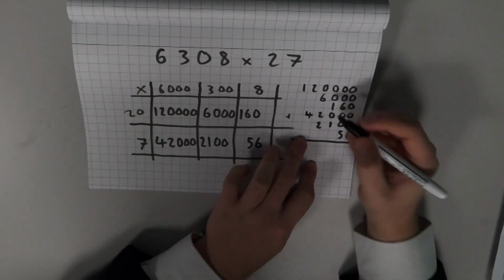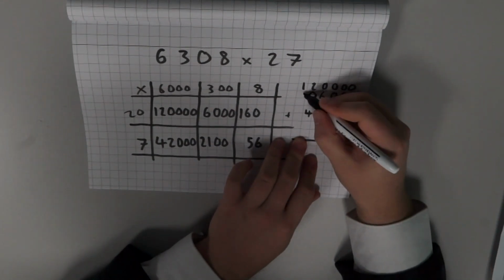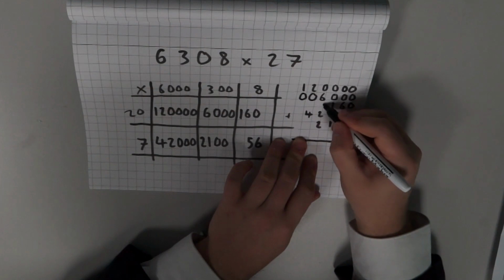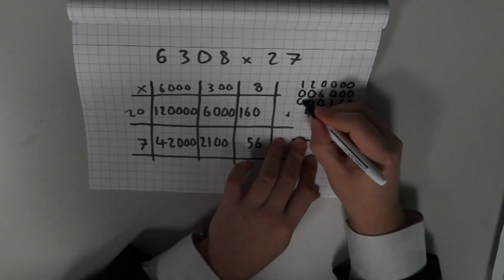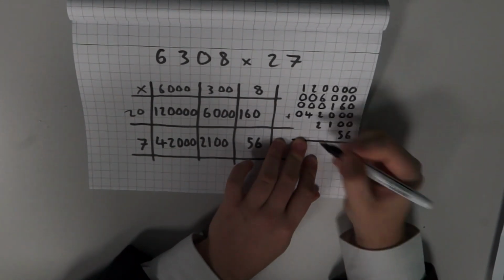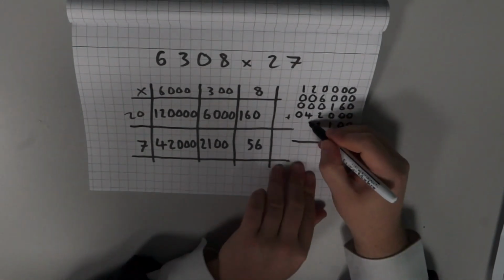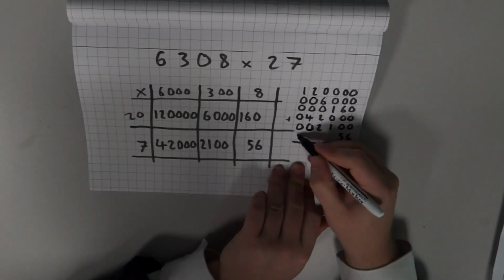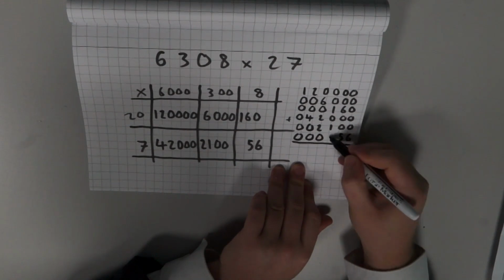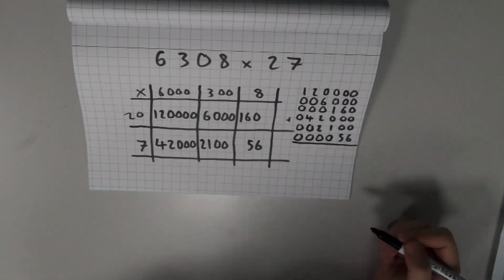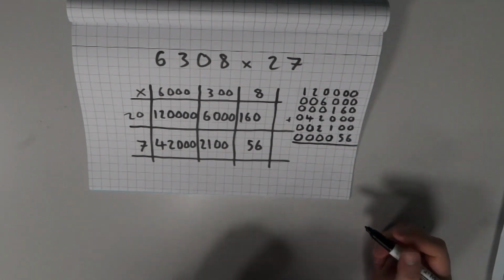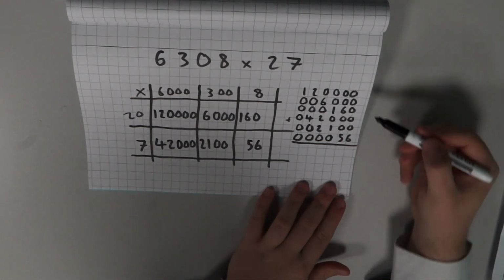And remember, to help me out, I can add in my placeholders of 0. I need 2 there. 1, 2, 3 there, 1 there for the 42,000, 2 zeros there, and then lastly I need 1, 2, 3, 4 for the 56. Okay, now I can start adding them up.